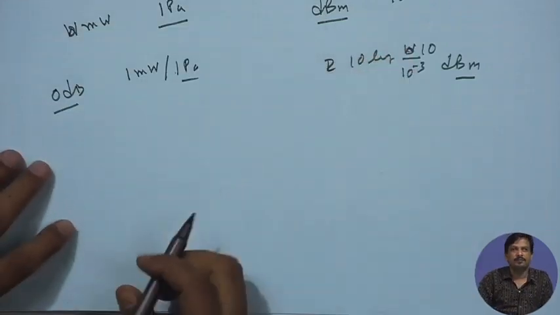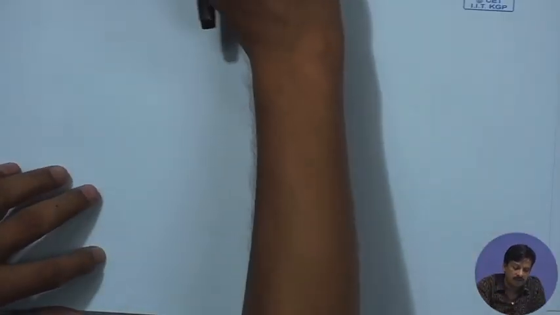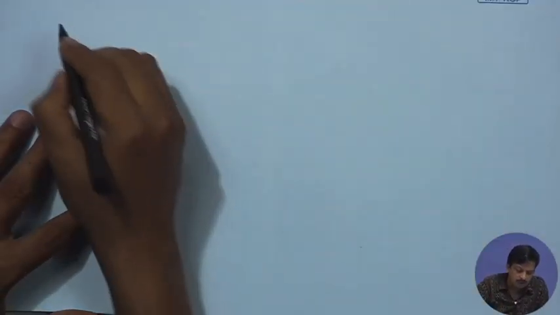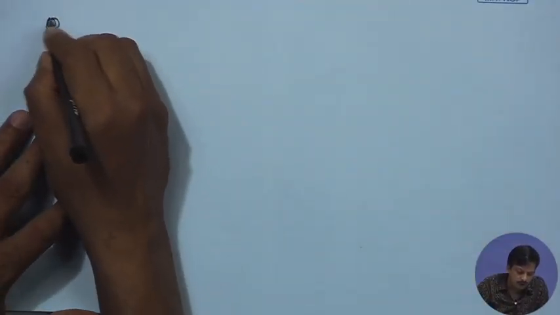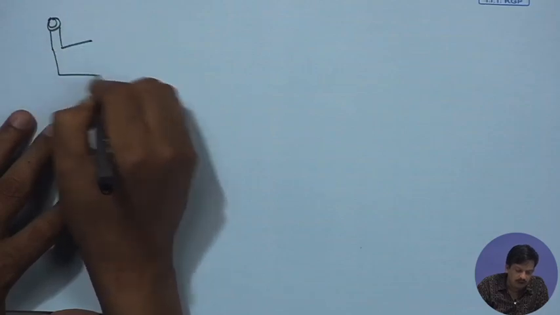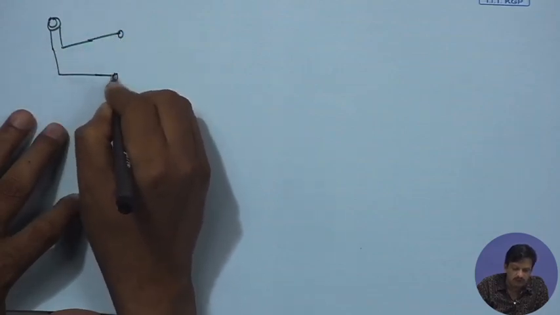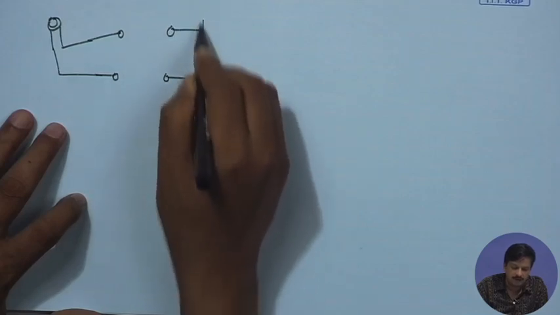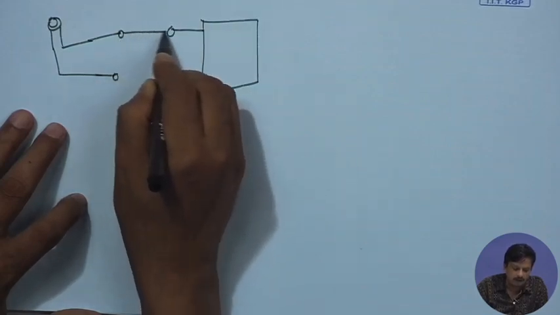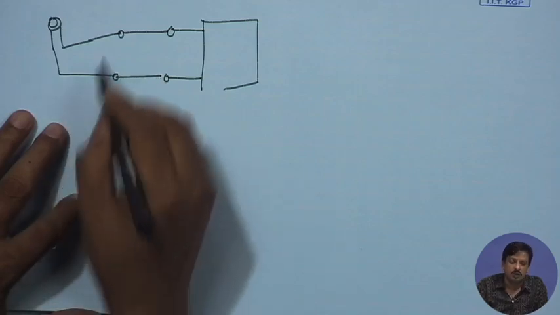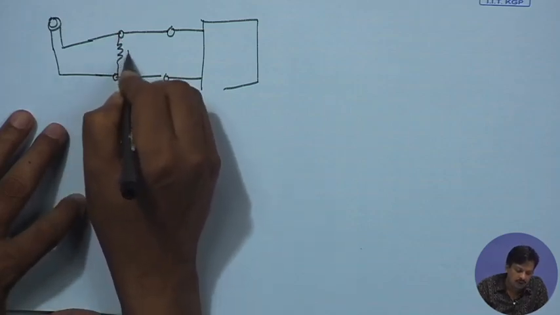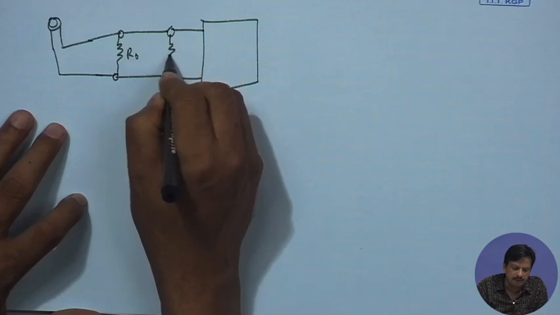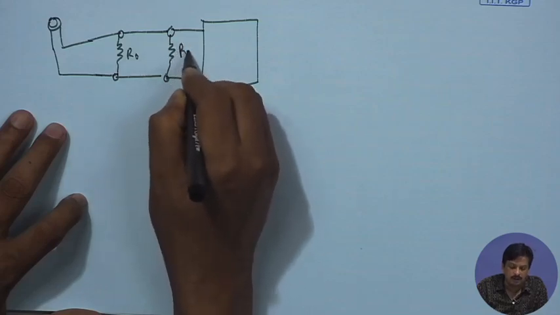How will the microphone deliver the power? So, let us start with a fresh page. I have a microphone with two electrical terminals, and it is connected to a preamplifier. The output impedance of the microphone is R0 and the input impedance of the preamplifier is Rin.